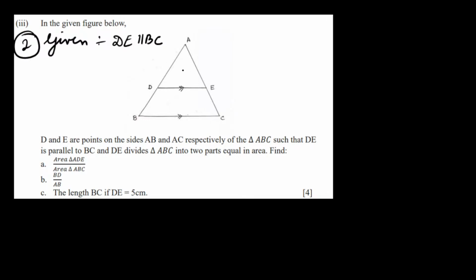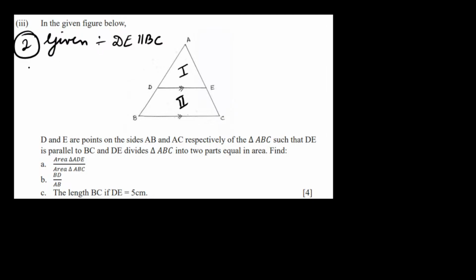So what does it mean? This is the first part, this is the second part. See, DE is dividing this full triangle ABC into two parts, one is this part, another one is this part, and these two parts are equal in area.